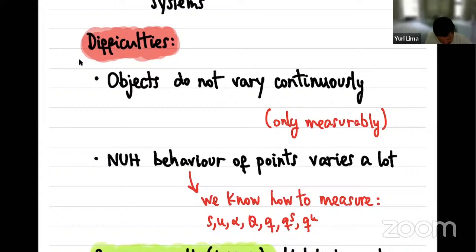So we have introduced a bunch of parameters that allow us to understand exactly this non-uniformly hyperbolic behavior of each point. Recall, S and U are parameters that measure how well the stable direction contracts. U measures how well the unstable direction contracts in the past.